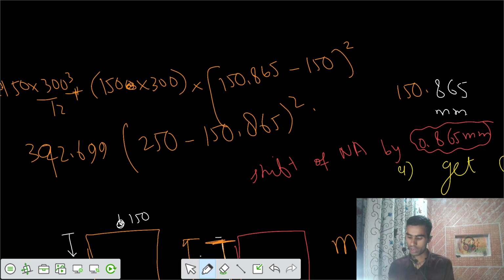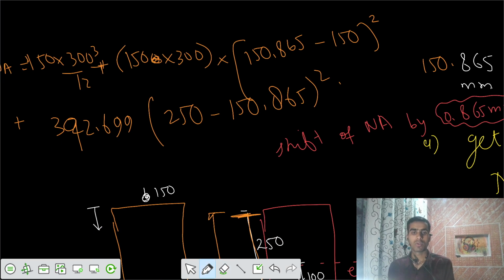That's your second part. So this is your I neutral axis. It comes out to be 341.393 into 10 to the power 6 millimeter power 4.